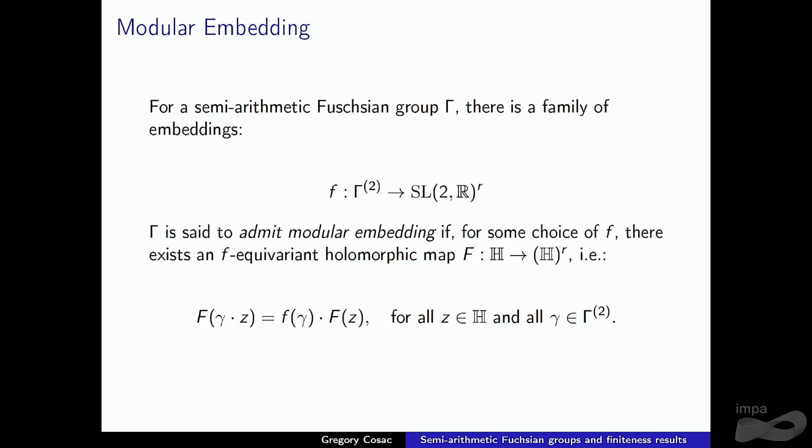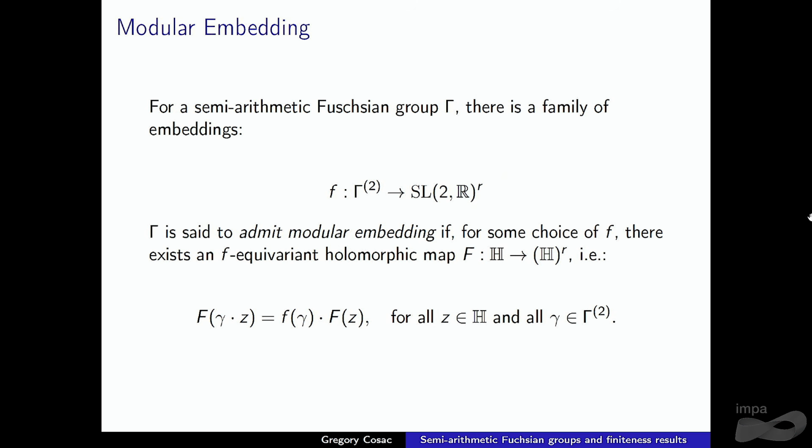In order to define this invariant, let me talk about modular embedding. So what is a modular embedding? When you have a semi-arithmetic Fuchsian group, you have a family of embeddings of this Gamma squared into this Lie group, SL_2(R)^r.